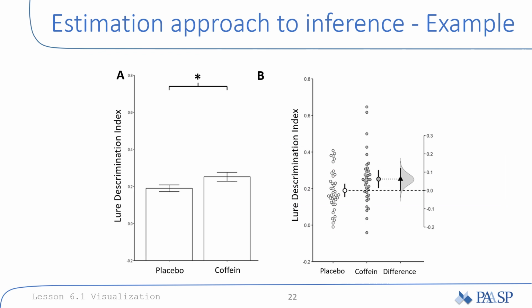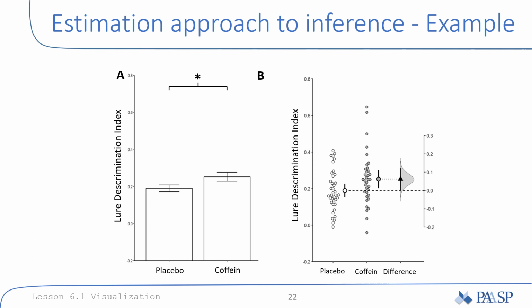Now, the estimation approach provides a different lens for interpreting the same data. In this approach, we would ask a quantitative question. To what extent does caffeine improve memory? To answer this question, we estimate the difference between the group means and then quantify uncertainty in this estimate due to expected sampling error.